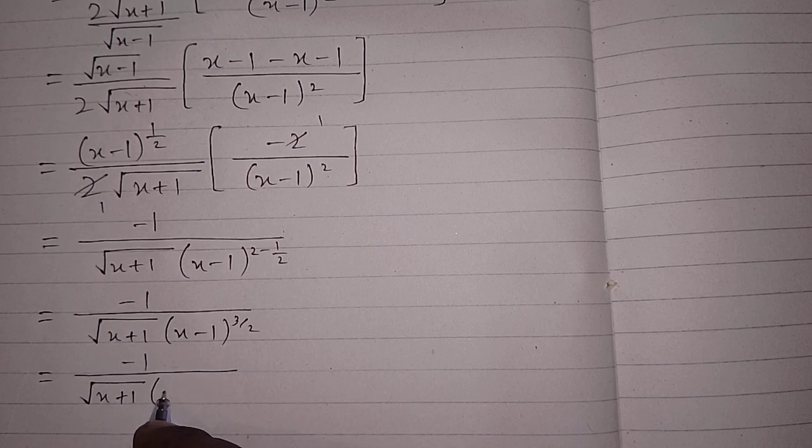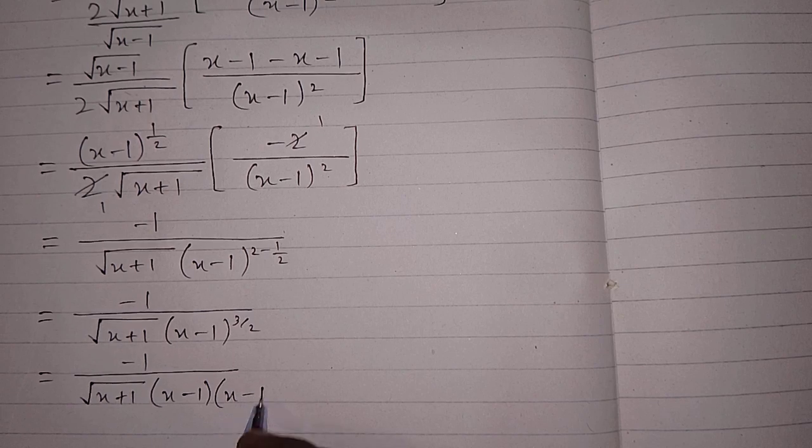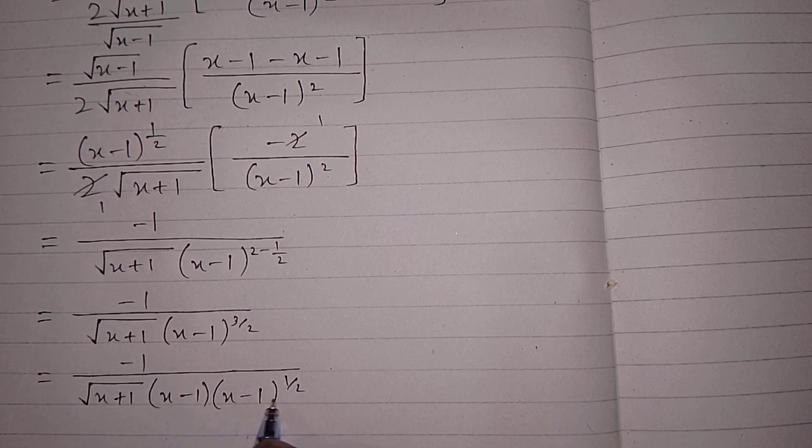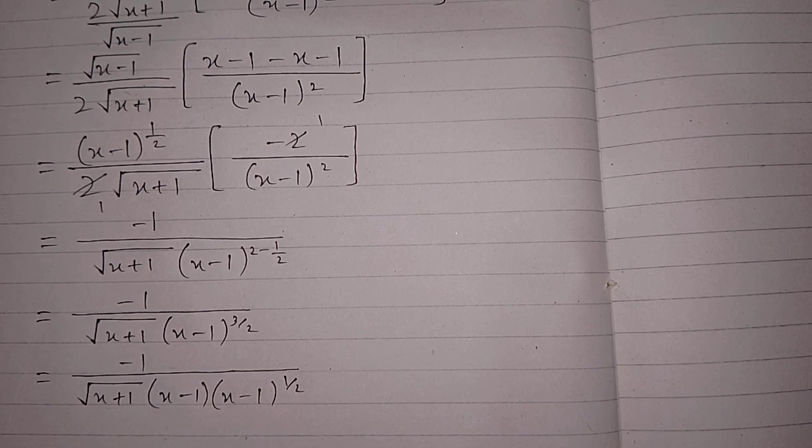This can be written as minus 1 upon square root of x plus 1 and (x minus 1) to the power 3 upon 2 can be written as (x minus 1) multiplied by (x minus 1) to the power 1 upon 2, because by the rule of indices these powers can be added, so 1 plus 1 upon 2 is 3 upon 2.